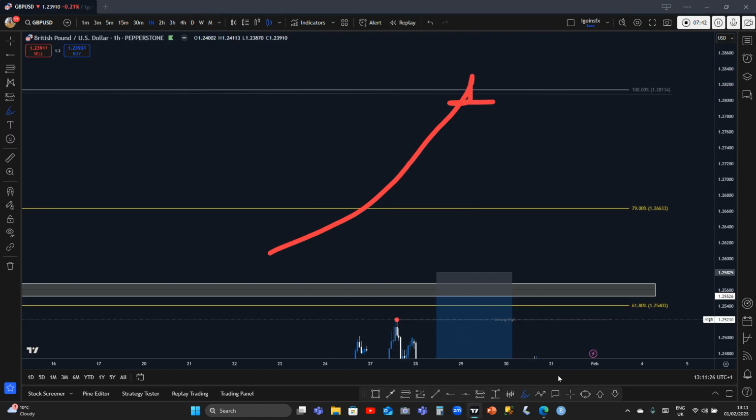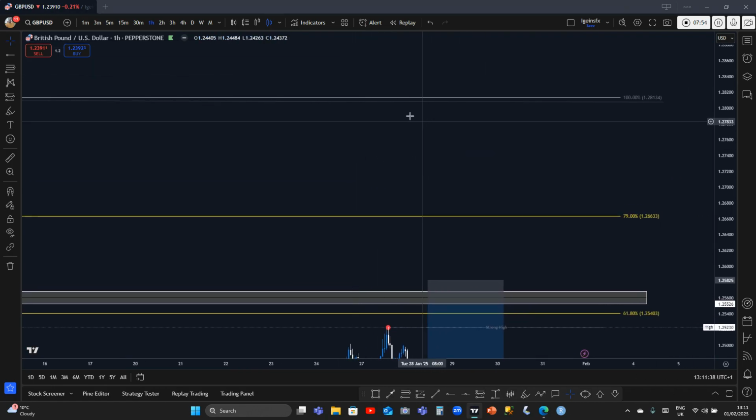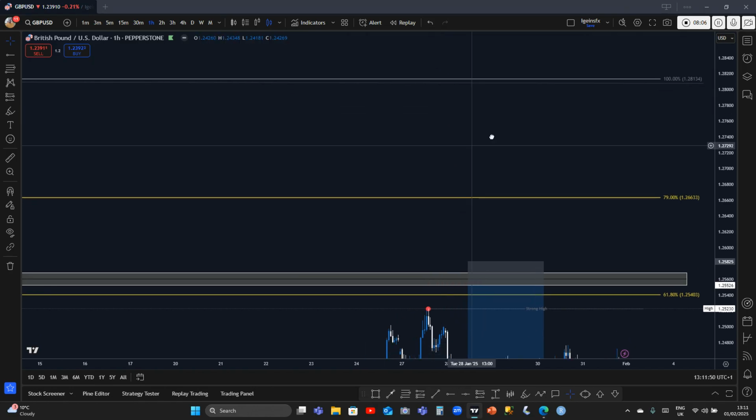Once the candle closes above 100%, that means the current, underlying trend has been invalidated. There are some occasions where price will push a little above, but at the end of the day, it will close below the 100%.